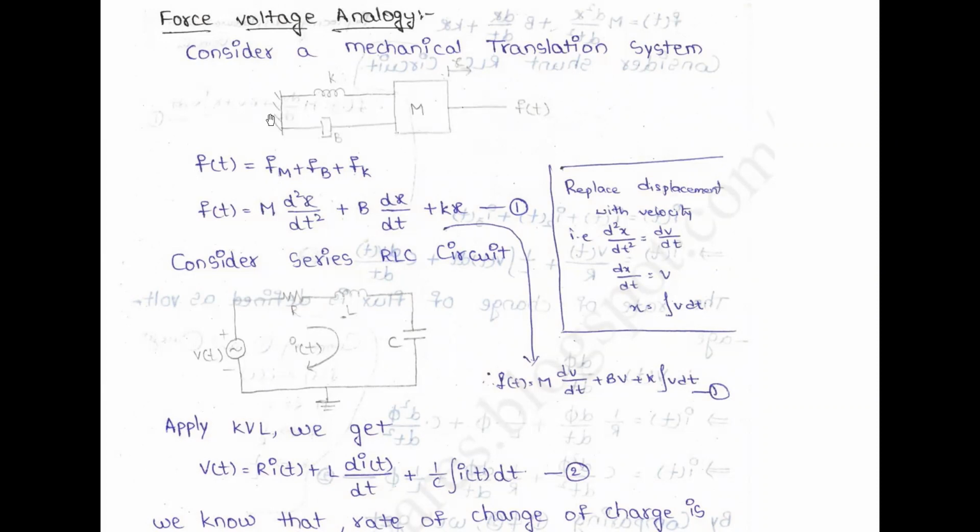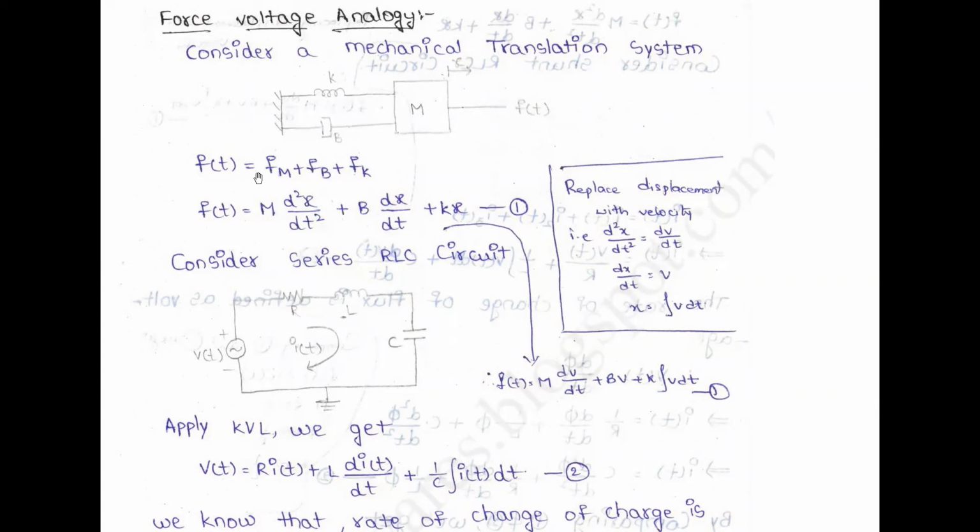I have taken a small example, listen carefully. Consider a mechanical translational system. K element, K means spring, B is frictional coefficient, M is mass element, X is the displacement of the body, F of t is the input force. So first, note down the free body diagram for this mass element. Same as in the translational mechanical system, the free body diagram of the mass element has Fm, Fk, Fb, only 3 elements, and the applied force F of t.